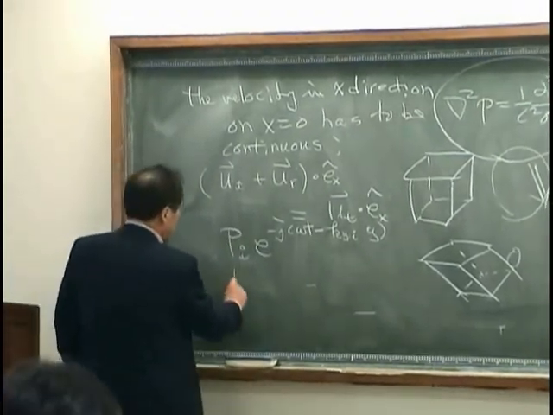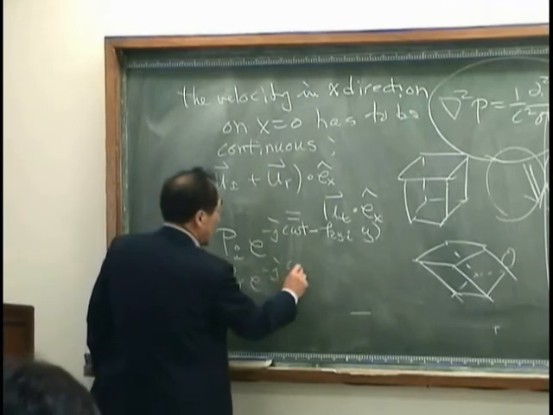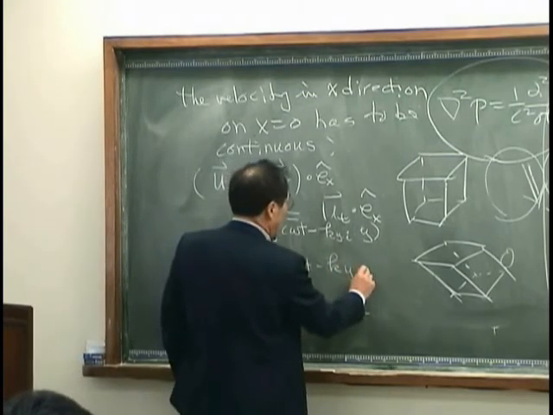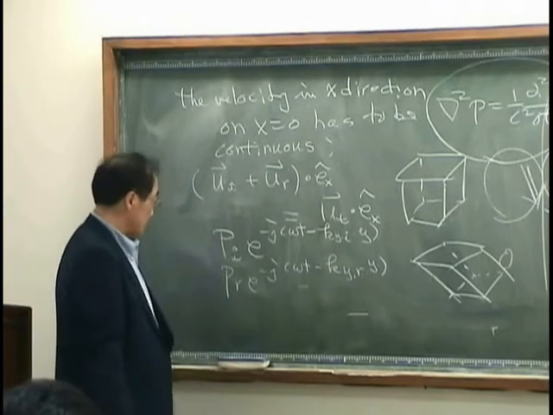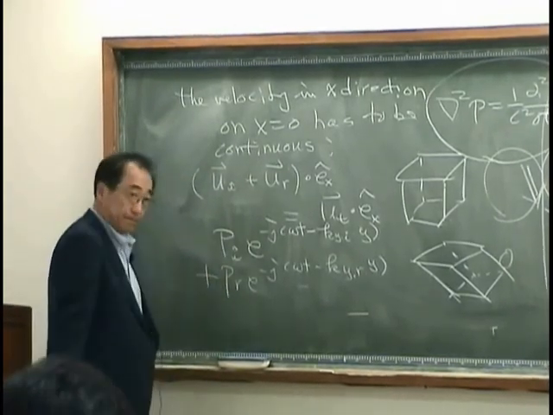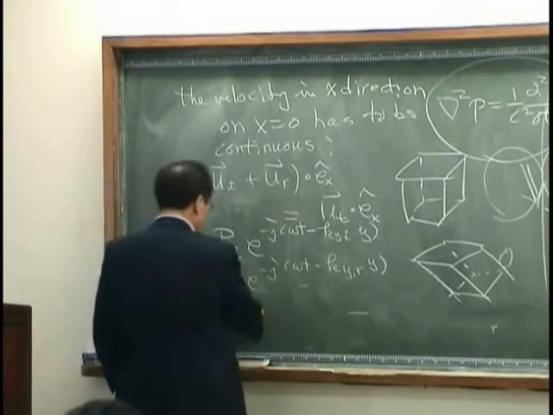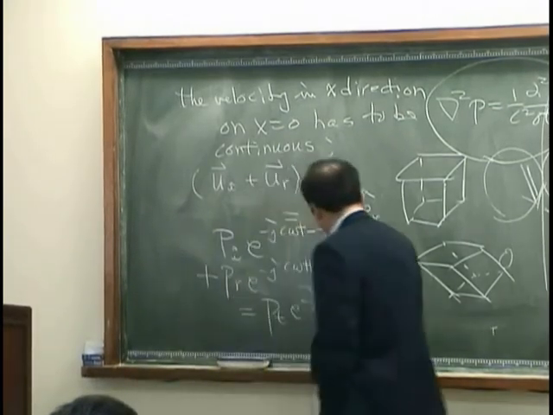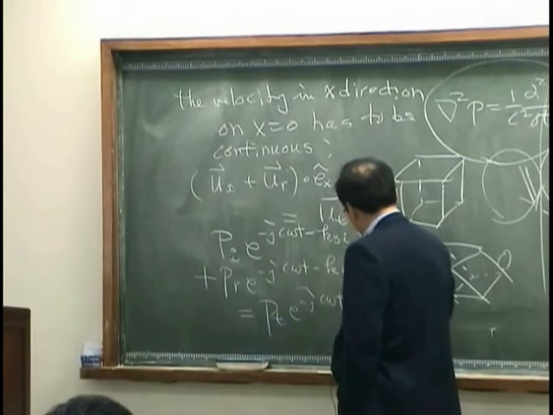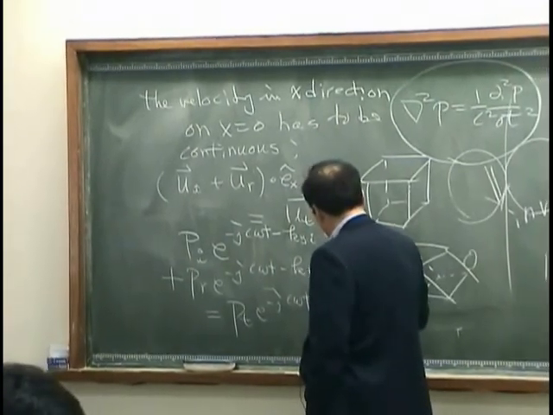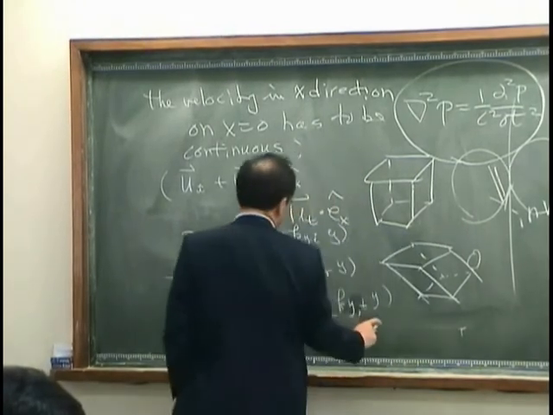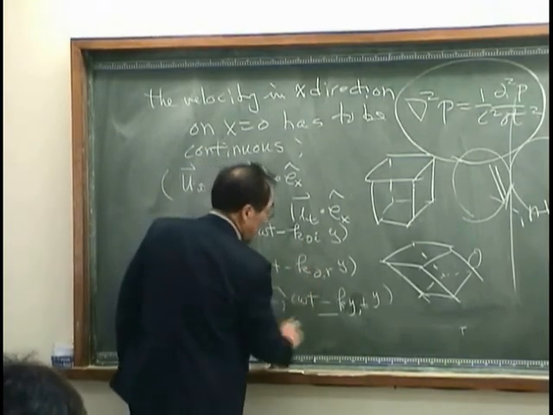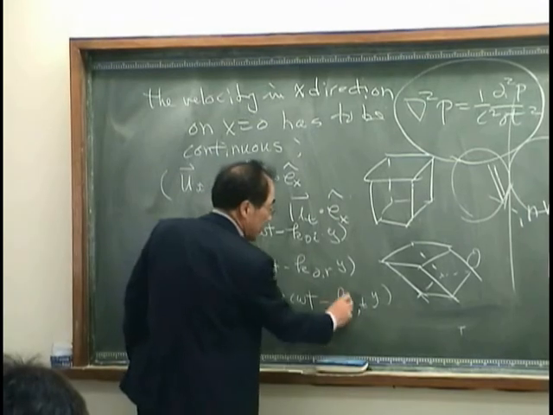And the other pressure is p_r, k_ry y, has to be added up, and that has to be equal to p_t exponential minus j omega t minus k_ty y, and note that this has to be k0. And this has to be k1. Okay?